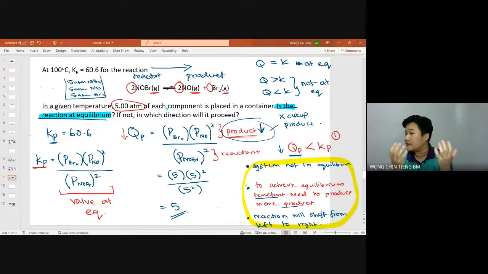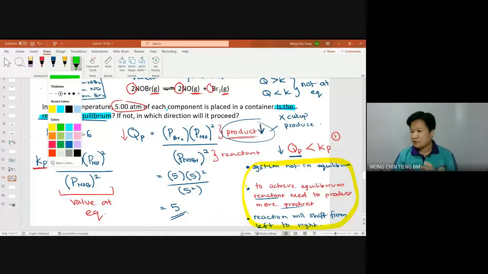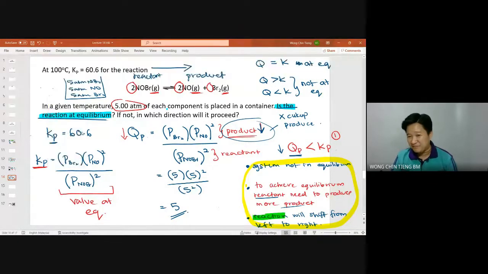Okay? Easy. Simple. Alright? So over here, just a very quick recap. I think most of the time Suren is making the mistake. Suren kept nodding non-stop just now. This one: whenever it's talking about Q, we never use equilibrium position. Always remember, we discuss Q because the system is not at equilibrium yet.